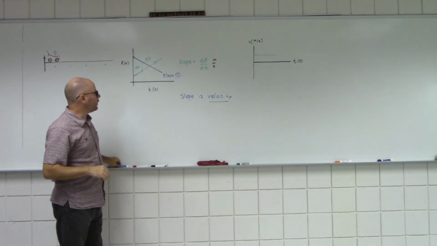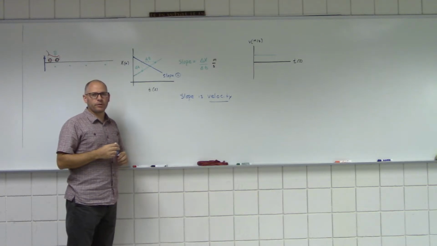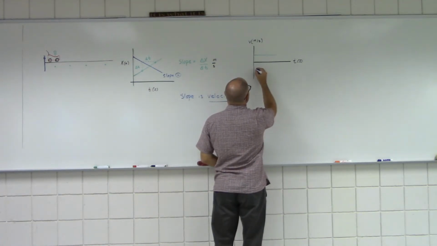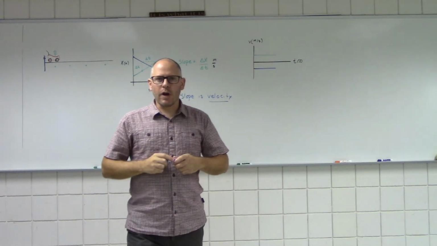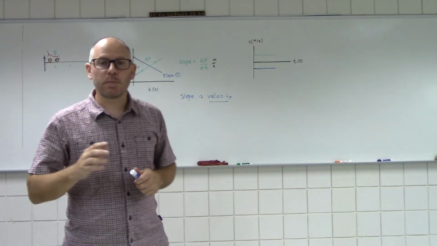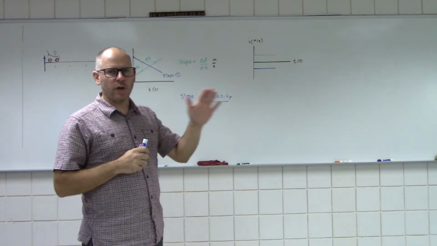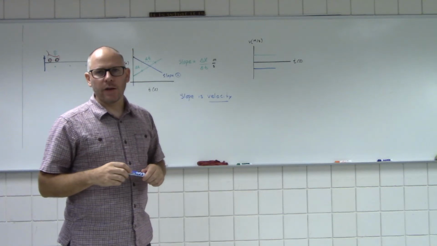However, the blue has the same speed but the opposite direction, which means its velocity is negative. You'll notice that the green line and the blue line are equidistant from the t-axis, which means the speeds are the same, but the velocities are opposite. As long as your object is moving in one direction only, the speed is the absolute value of the velocity.